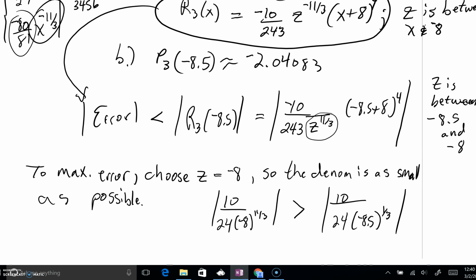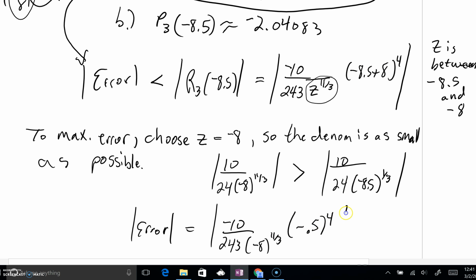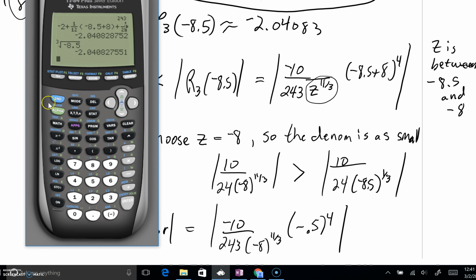What you can do real quickly then is see that your error, if you were to just work this thing out on the calculator, and negative 8.5 plus 8 is really just a negative 0.5 to the 4th. If you were to work this thing out, you could find your error bound. So we can do that real quickly. Let's go ahead and just get alpha y equals. And we can even ignore negatives altogether. I didn't put an absolute value down here.